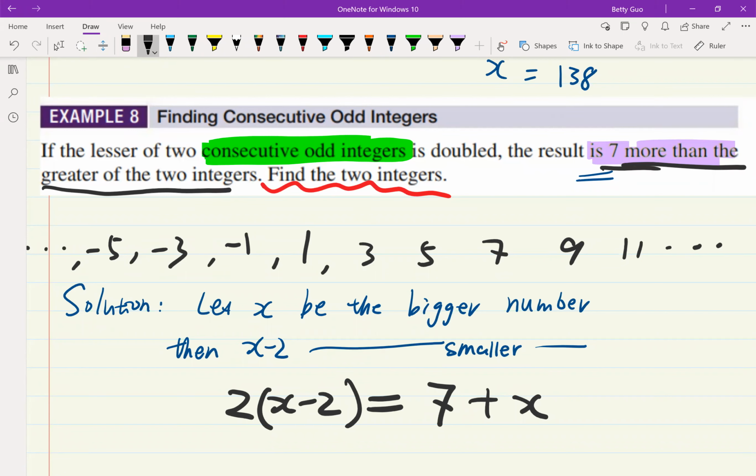And tell me what is X. Let me walk around and see how you're solving the equation.